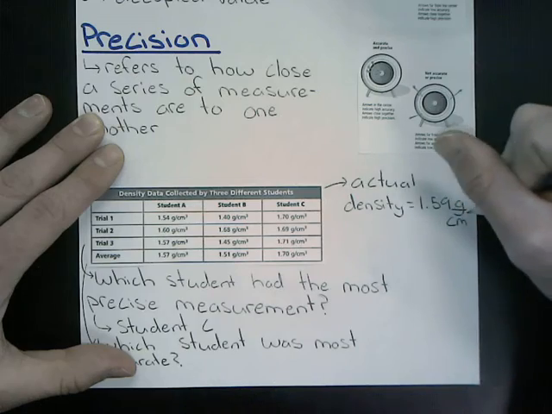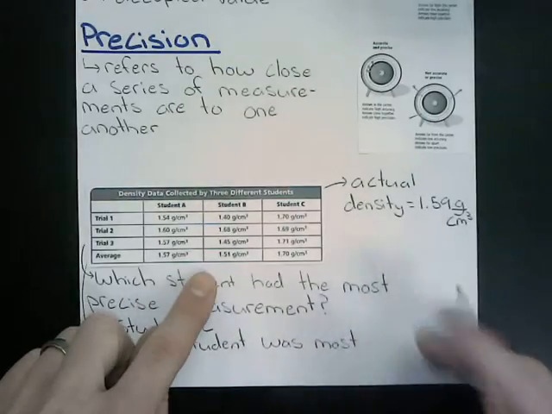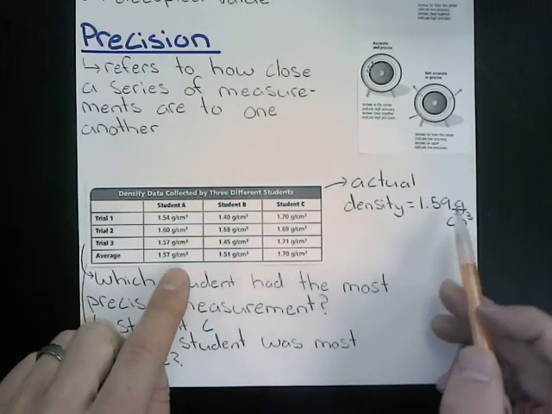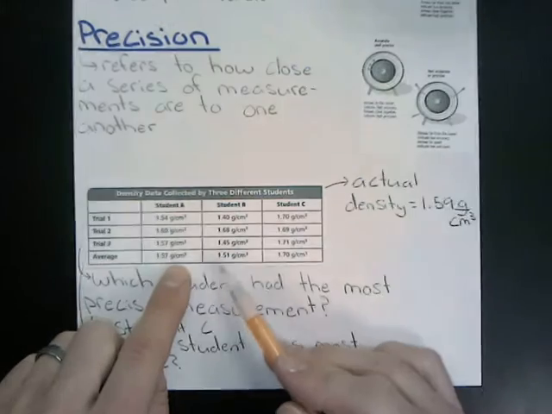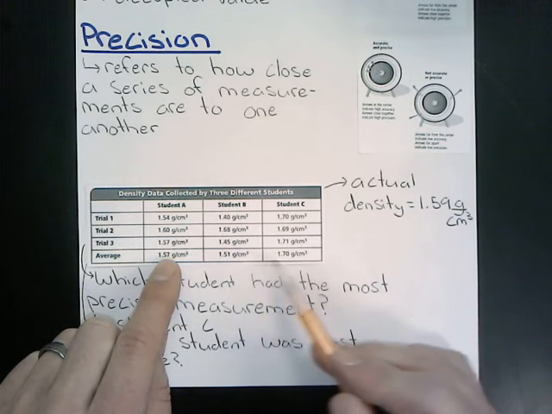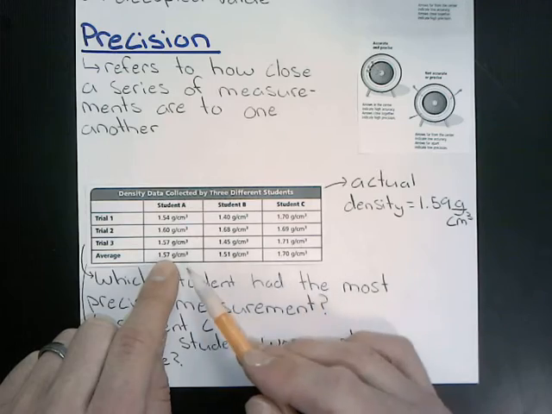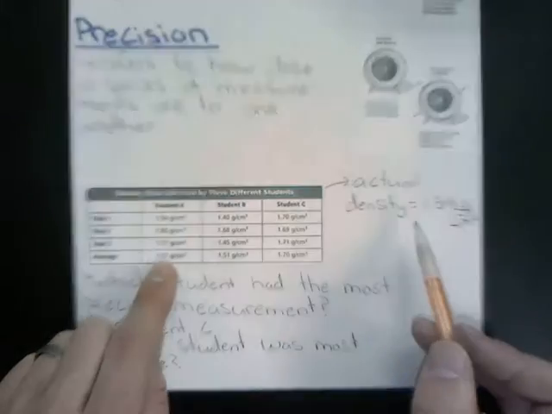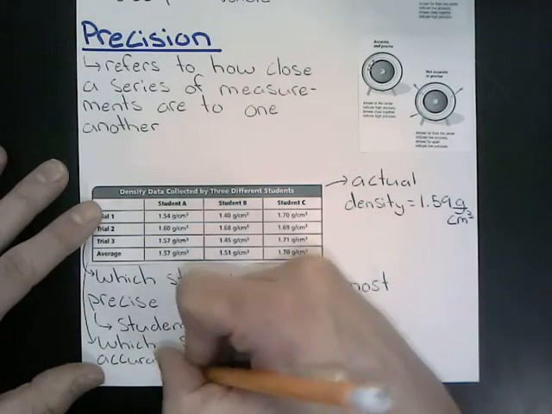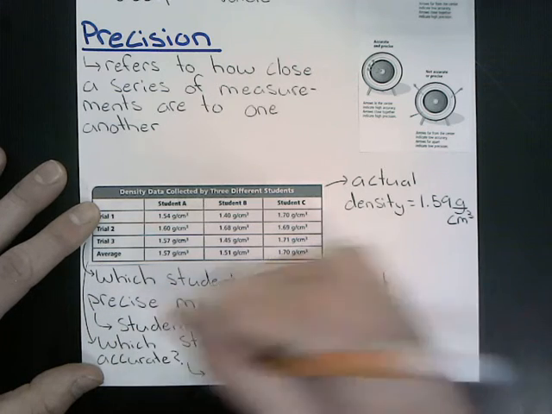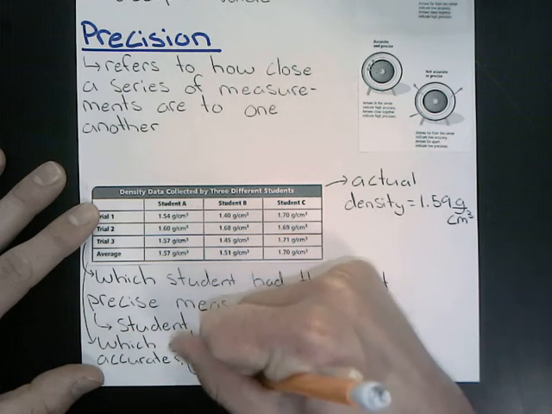So what we have to look at here is which one of these students had their average as close as possible to 1.59. We look at the averages, and we see here student A with a value of 1.57 was very close to the actual density. So student A would be the most accurate.